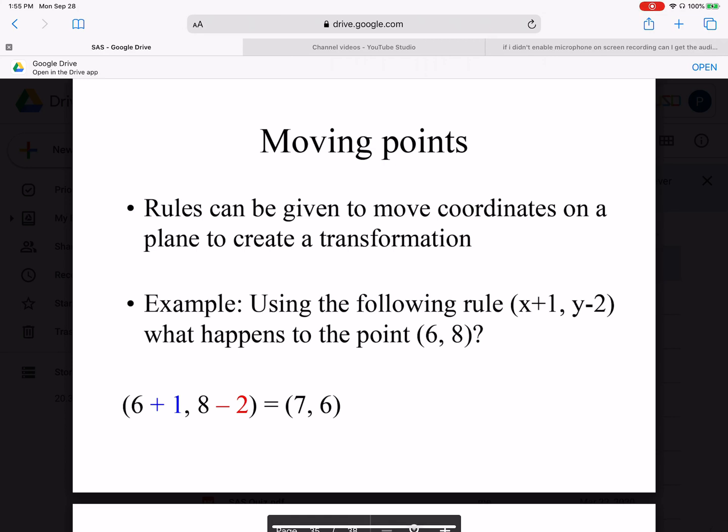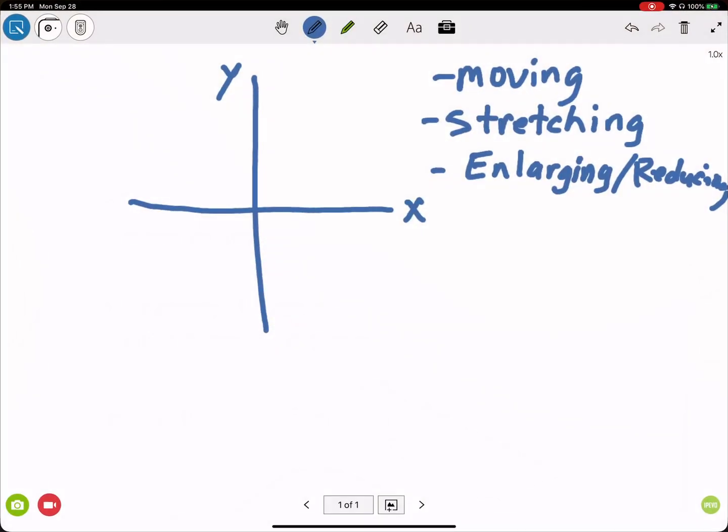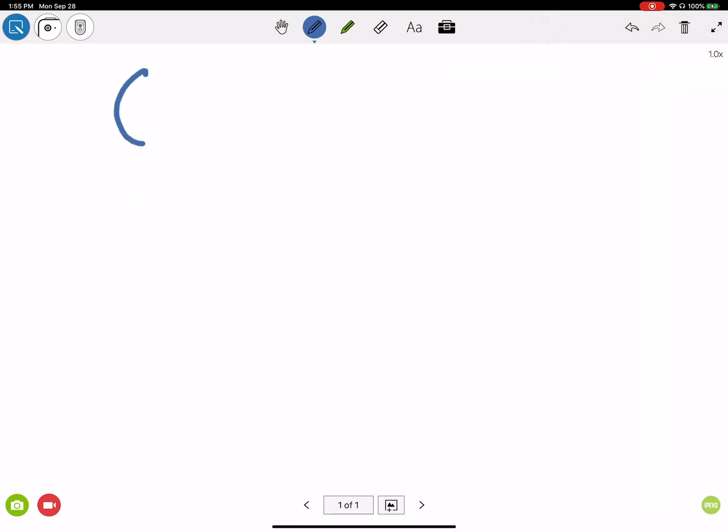Well, first thing I want you to remember is the following. All coordinates are written in the form x, comma, y. Okay?